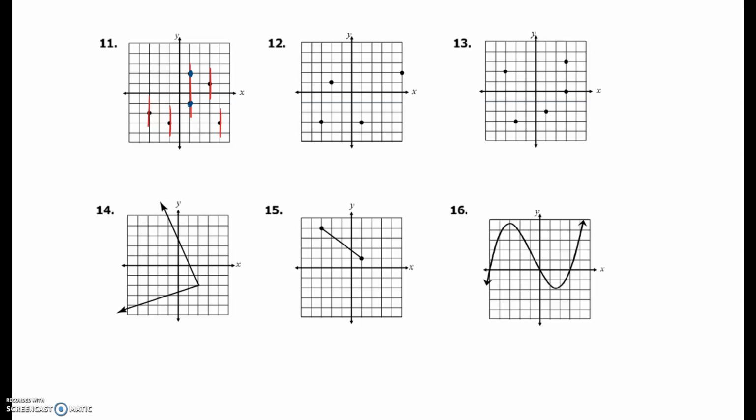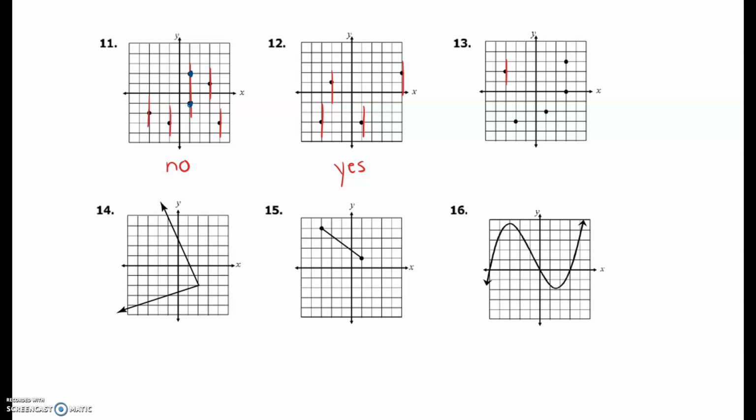If that happens and the line touches the graph twice, then our answer is no, this is not a function because you have 2 repeating x values. If you look at number 12 and draw vertical lines through each one of the points there, your answer should be yes, because each line touched only 1 dot.